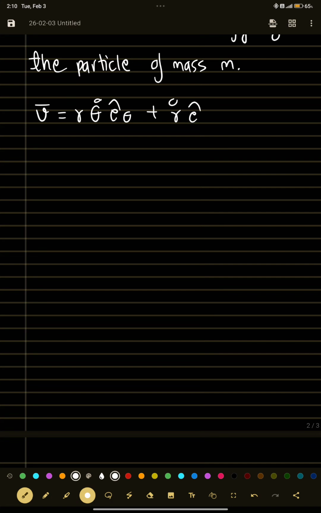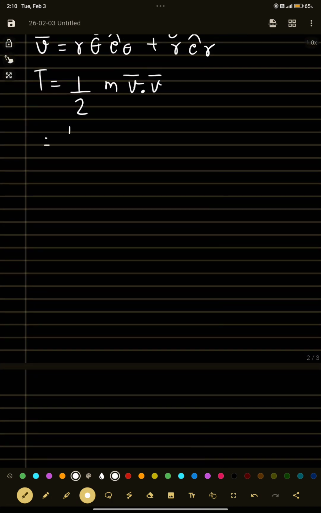So what is the kinetic energy of the particle? Half m v dot v, and this gives the kinetic energy as half m (r squared theta dot squared plus r dot squared).